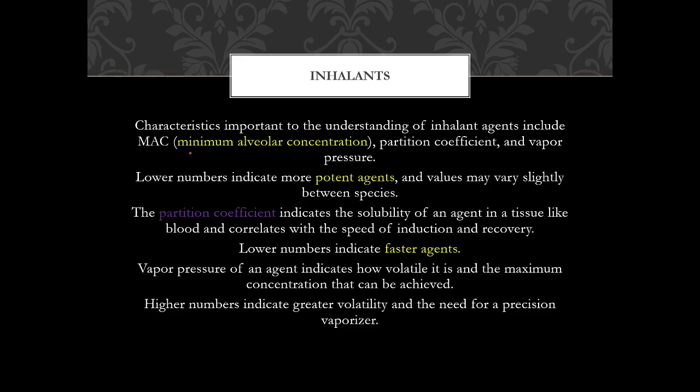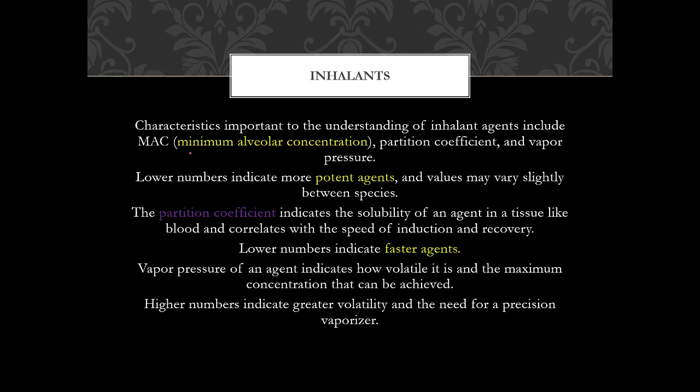And the lower the molecular weight means the quicker it'll go. The lower the partition coefficient, meaning that it is easier for the gas to get into the blood, it means that these agents are going to be more potent, okay? But they are going to vary slightly between species.